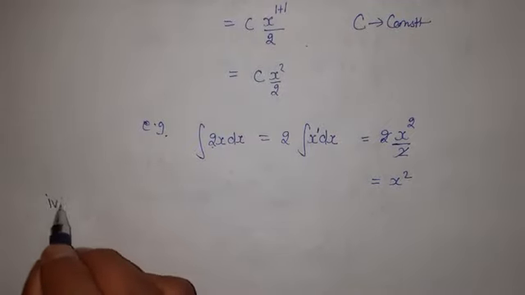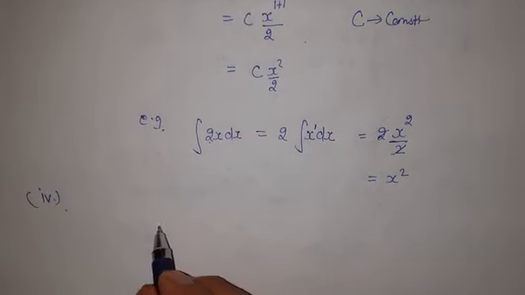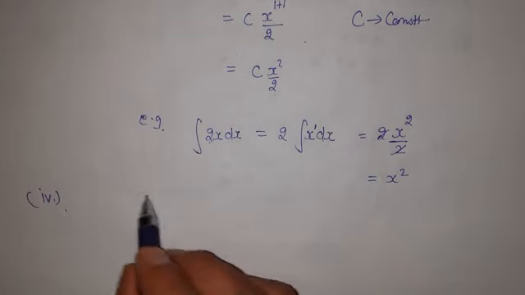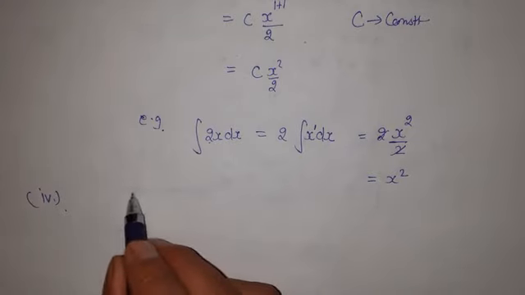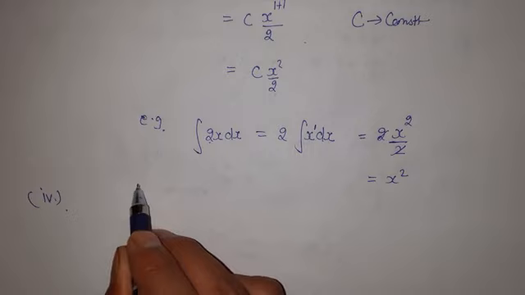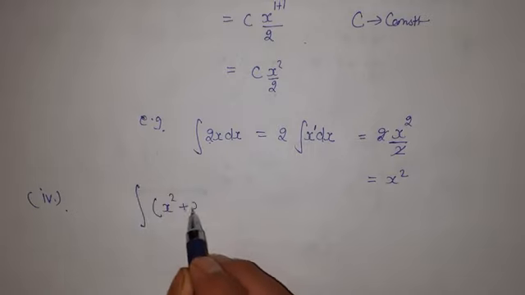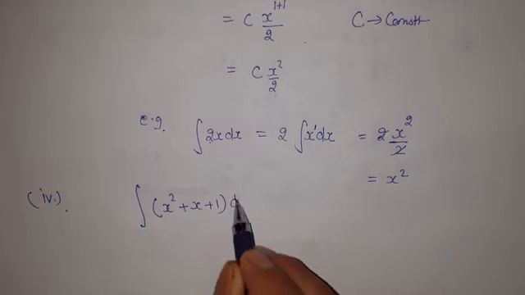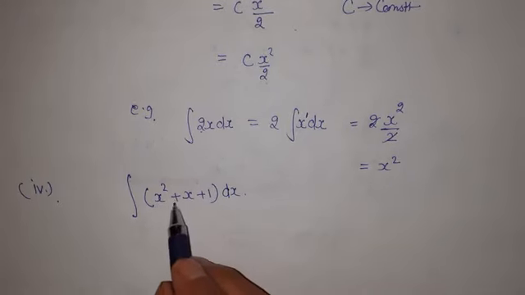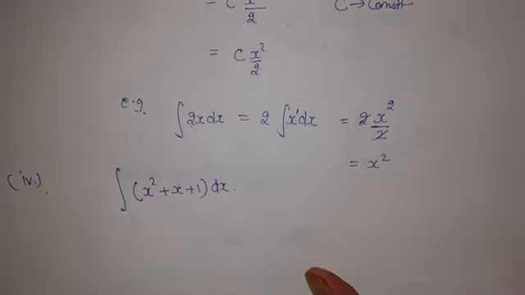Now the fourth example which I am going to take: let us suppose that we have this situation. We have to find out the integration, and it is written in this way. Okay, so there may be plus or minus. So how do we find out this integration in such a way?